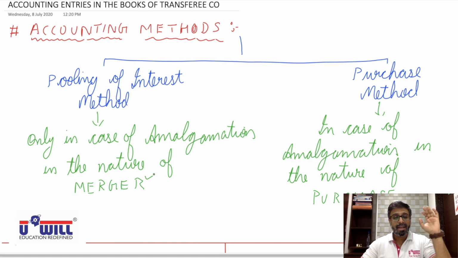And third, entire purchase consideration must be settled only in the form of equity shares, except the fractional amount which is paid in cash. So if all these three conditions are satisfied in the question, we will go with pooling of interest method of accounting. And if even a single condition is not satisfied, it becomes amalgamation in the nature of purchase. So we will follow purchase method of accounting.